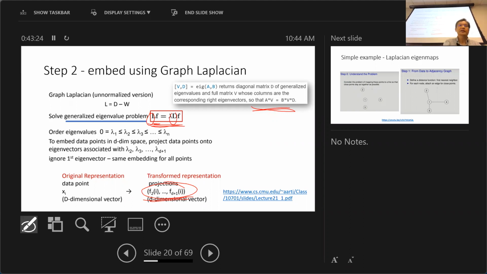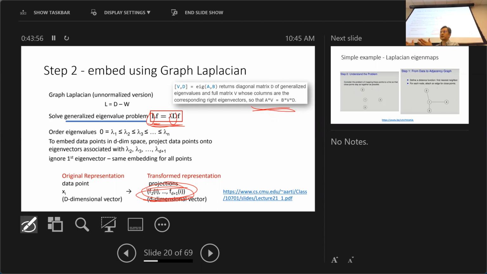So you replace the original position of the data using the eigenvector positions to complete this dimensionality transform. From the high original dimension, you learn from the relationship between the points, then compute using the generalized eigenvalue problem and find the vectors.